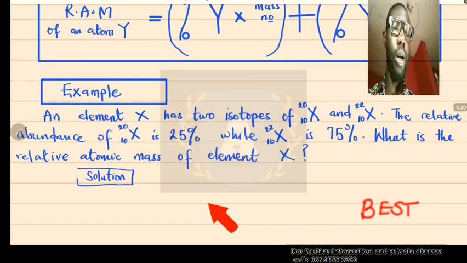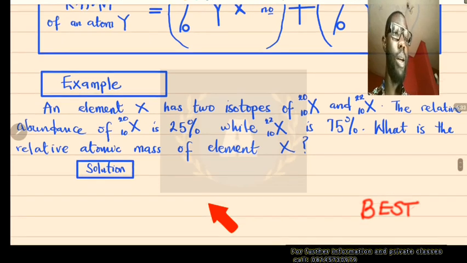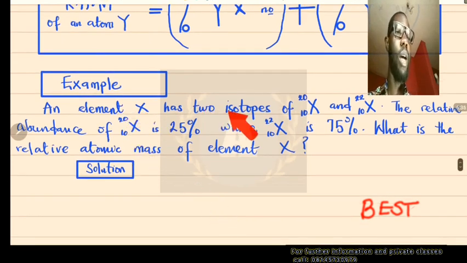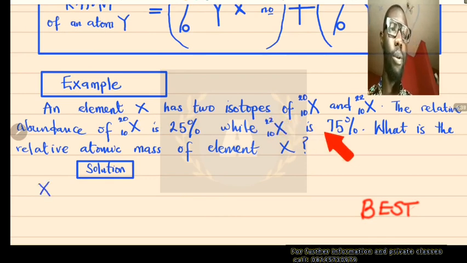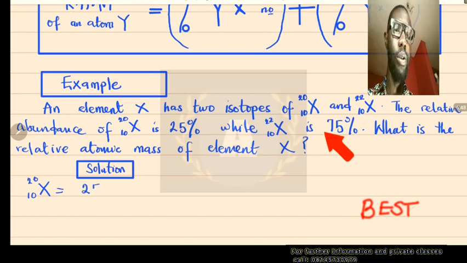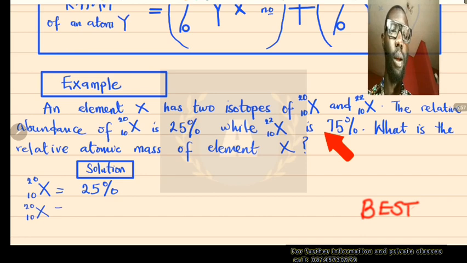How do we do that? The question reads again that an element X has two isotopes. The abundance of the first is given as 25%, and the second atom of X has a relative abundance of 75%.